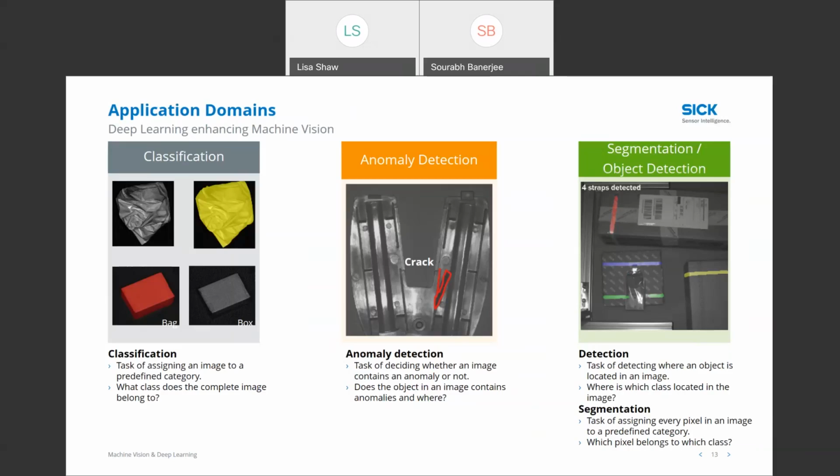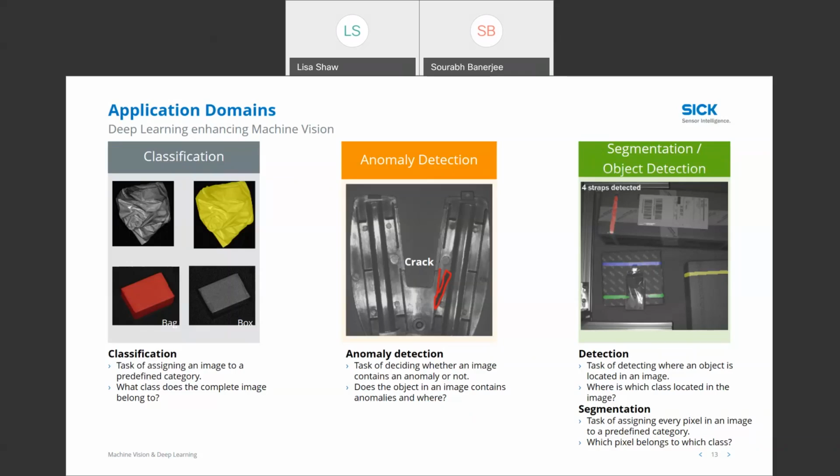For example, in this conveyor system, you have multiple boxes, and some boxes might have ribbons. Maybe you are searching for a certain type of ribbon, or a label, let's say a hazard label. So where in these three boxes is there a hazard present?